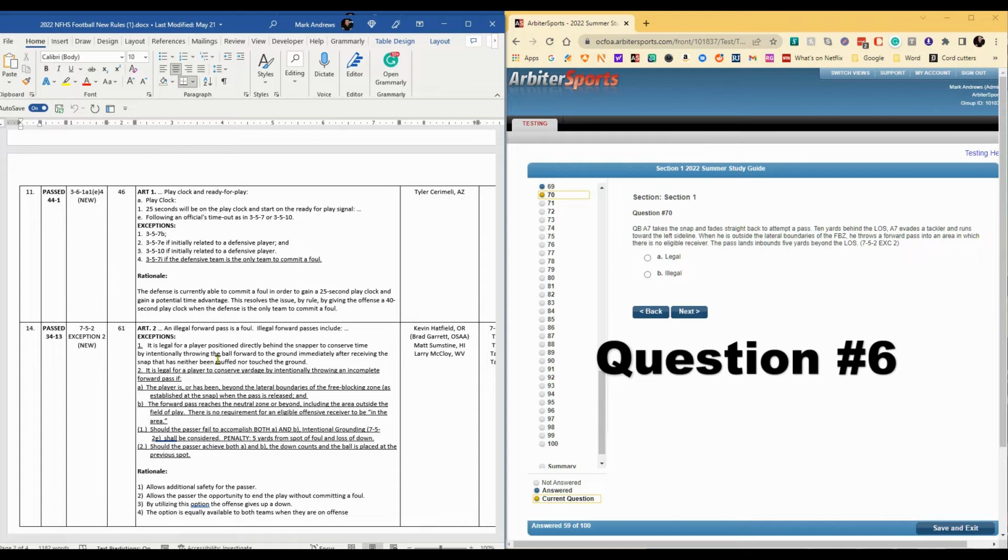Oh, yeah. Okay. Yeah, so if you see B here, it says the forward pass reaches the neutral zone or beyond. So, yeah, it has to go beyond the neutral zone for this not to be intentional grounding. All right, so now this is legal.